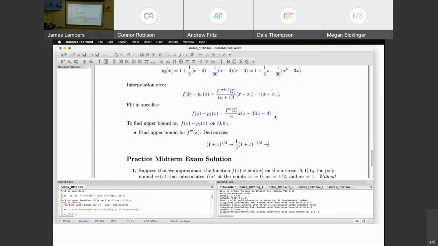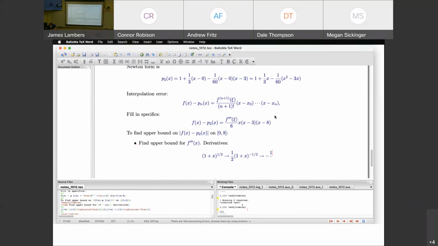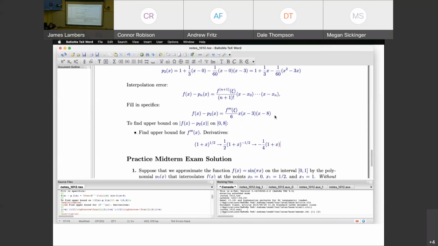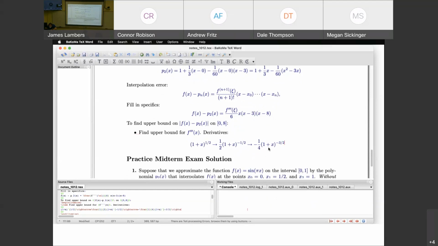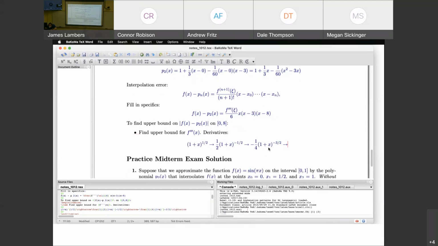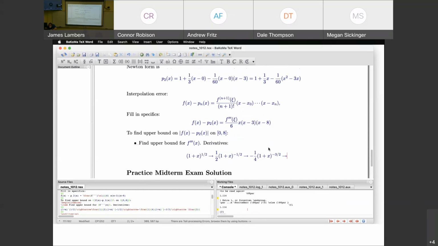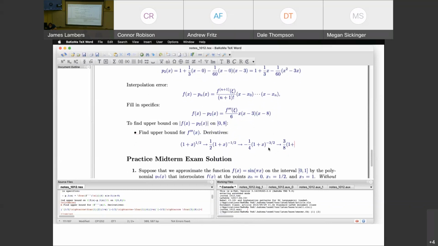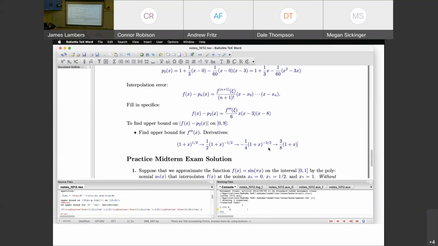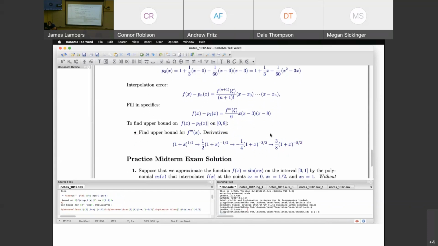And then I keep going, unfortunately. 1/4, 1 plus x to the minus 3/2. This is going to be tedious. Okay. So first derivative, second derivative. Then the third derivative: 3/8, 1 plus x raised to the minus 5/2.